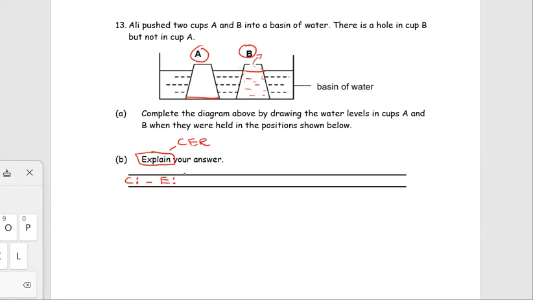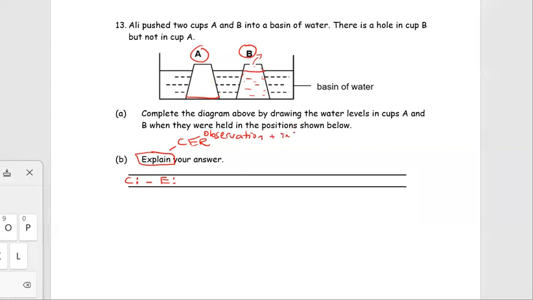What do I see? Evidence is your observation. What do you see? Plus inference if you have. So I'll just say the air in cup A is trapped. I see that there's no hole. That's my observation.